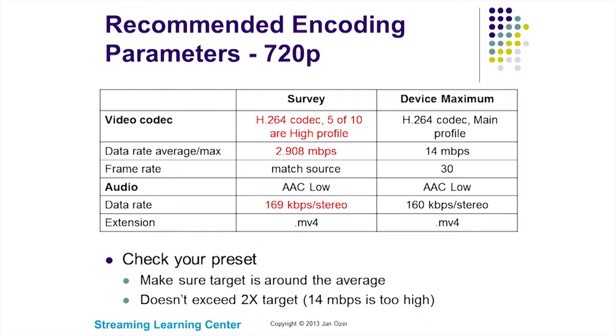So even the 720p TV shows that we looked at were at 4 megabits per second, right? So if Hollywood says 4 megabits per second is fine for 720p, you don't need to throw 14 megabits per second at it. Okay, so if I'm producing for iTunes delivery, I'm going to use somewhere between the 3 and the 4 megabits per second, not the 14.